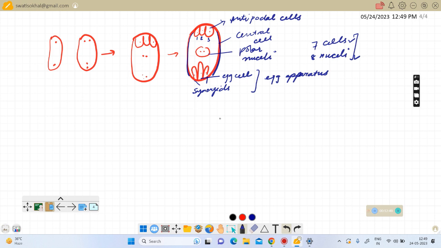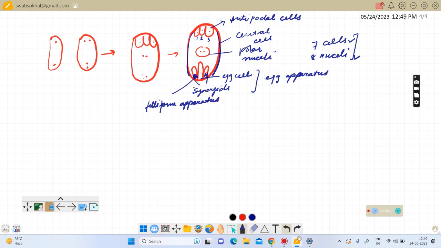Beta, in the synergids, there is thickening of the cell over here. The synergids have thickening of the cell, and that is called the filiform apparatus.